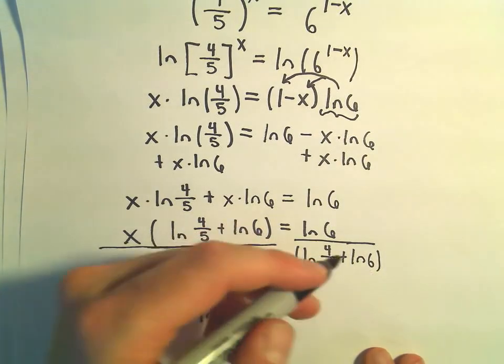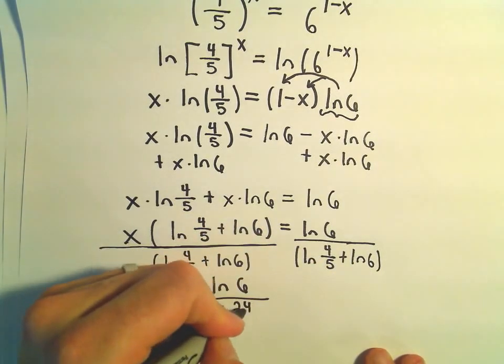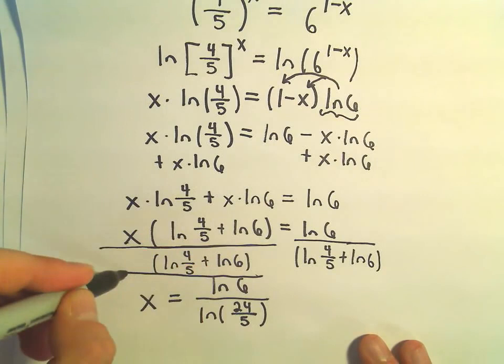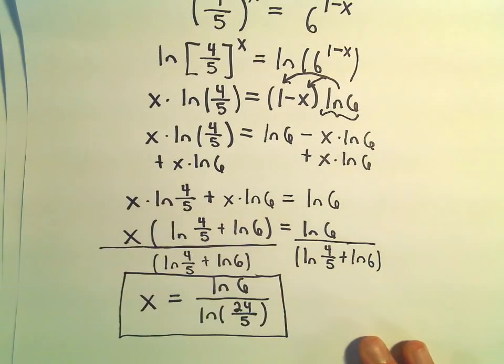So we would take 4/5 times 6, which would give us 24/5. And at this point, you can't combine ln of 6 over ln of 24/5 into a single logarithm. But again, if you wanted a decimal approximation, you could plug everything in. But to me, this is now a nice exact answer. And we're finished.